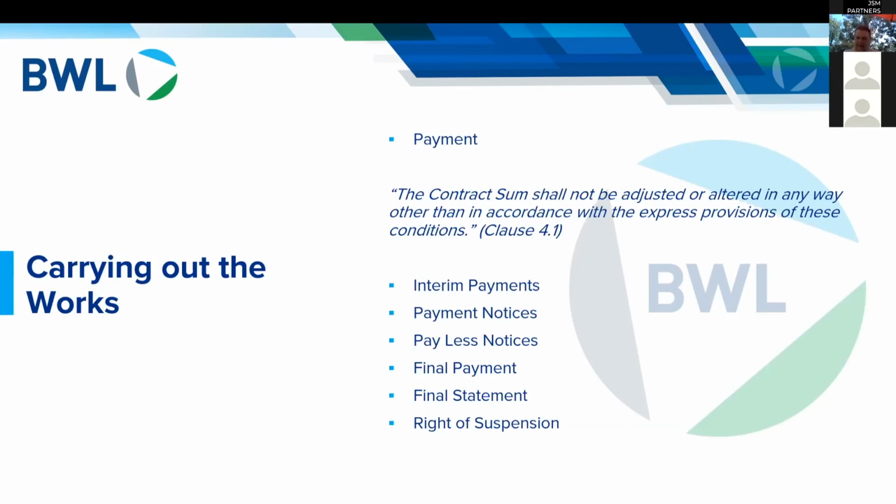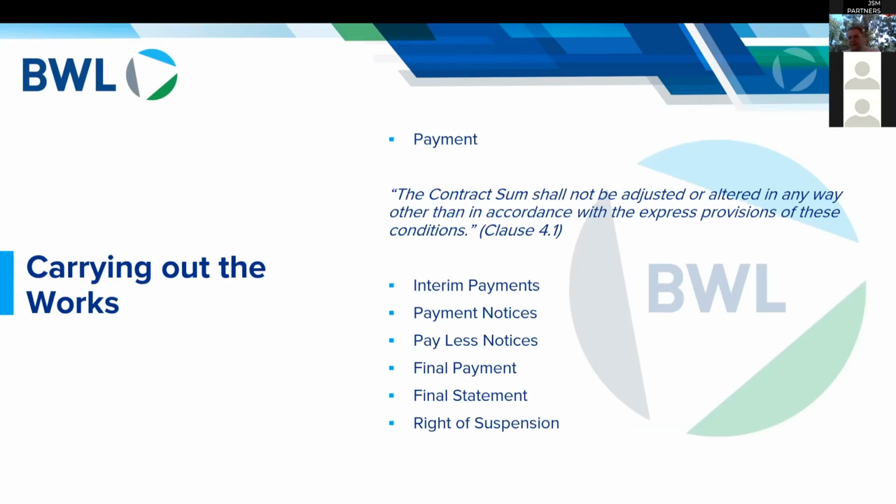So if the developer doesn't pay, then the contractor issues you a 7-day notice. If you don't pay within the 7-day notice, the contractor can demobilize some site and leave site until such point in time that the developer pays them the money.